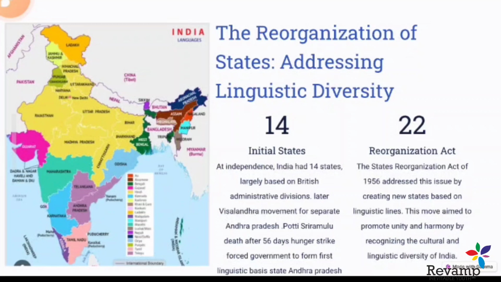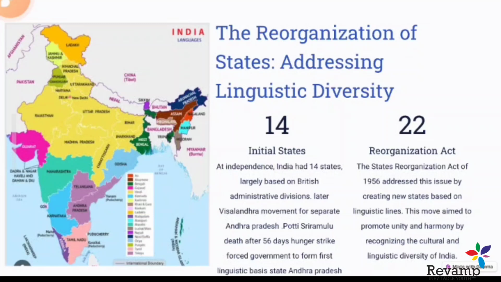Its main task was redrawing the boundaries of states, and the boundaries should reflect the different languages. The States Reorganization Act was passed in 1956, and this act led to the creation of 14 states and 6 union territories. So this is how the state boundaries were formed.